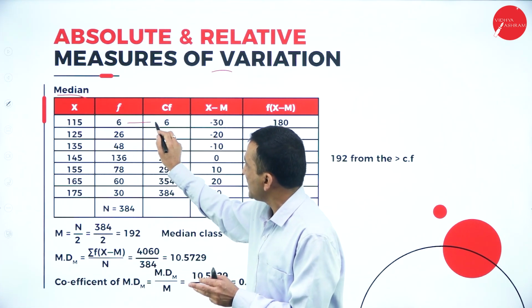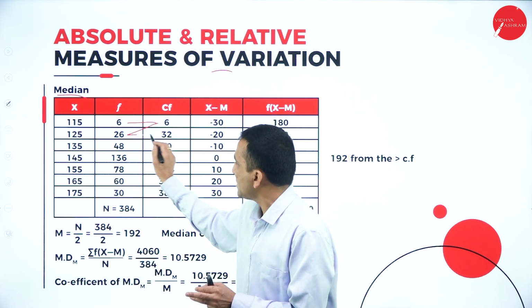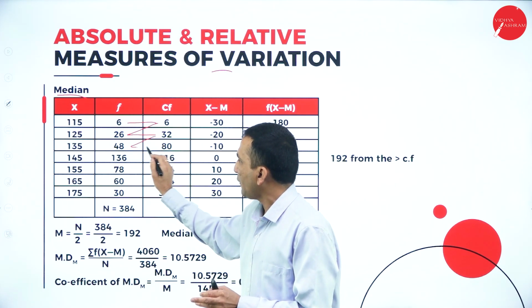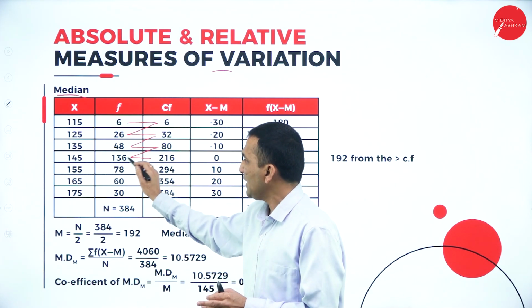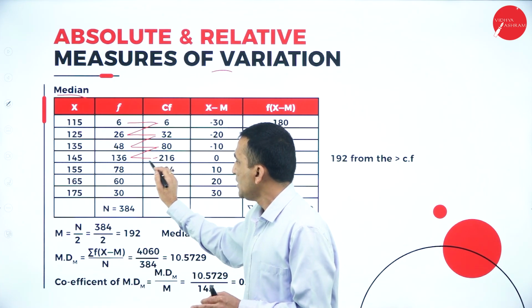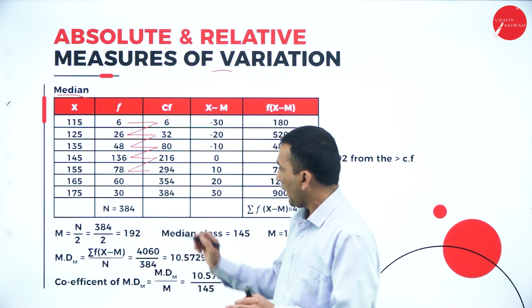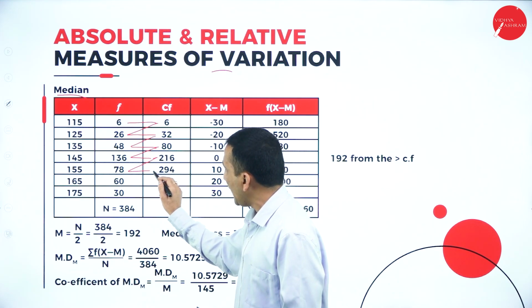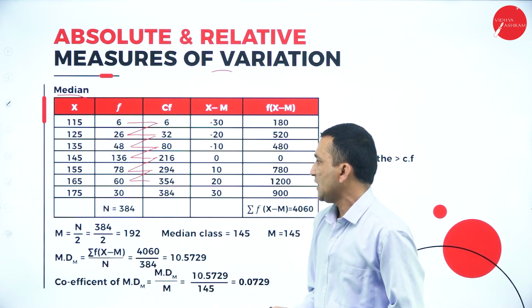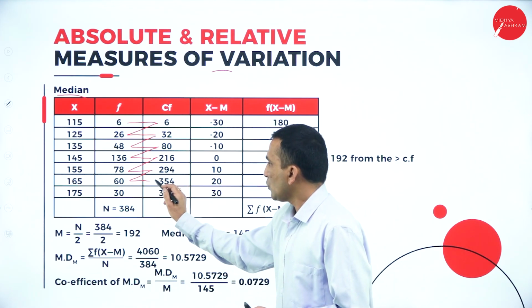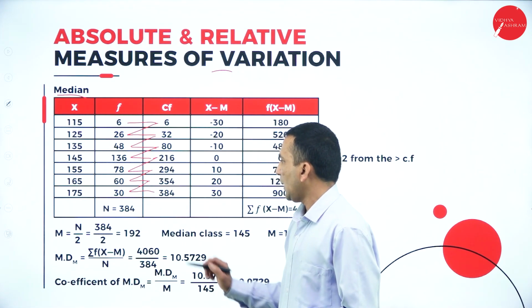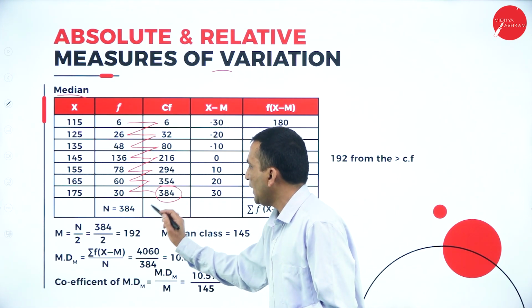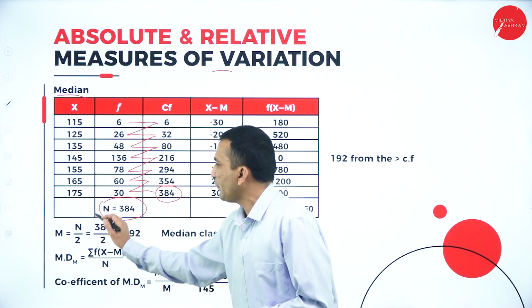The first 6 as it is, I am writing 6 plus 26, 32. 32 plus 48, 80. 80 plus 136, 216. 216 plus 78 means you are getting 294. 294 plus 60, 354. 354 plus 30, so the total is 384, which is equivalent to the frequency total.